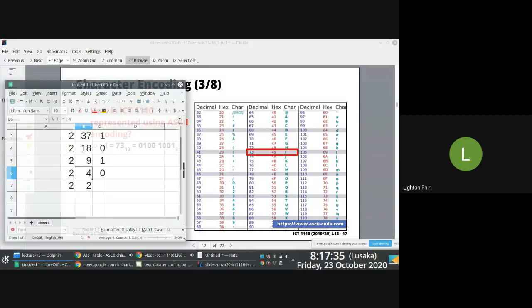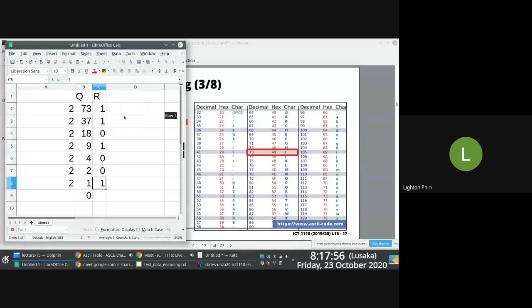Sorry about that. So 2 into 4 is 2, remainder 0. 2 into 2 is 1, remainder 0. And then the usual stuff, right? 2 into 1, remainder 1, and then you find your answer. Beautiful.